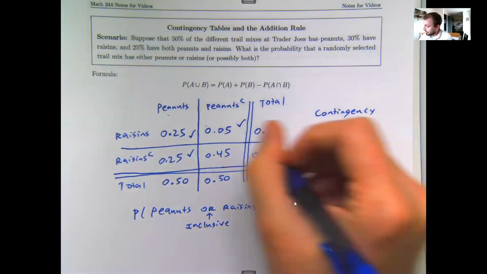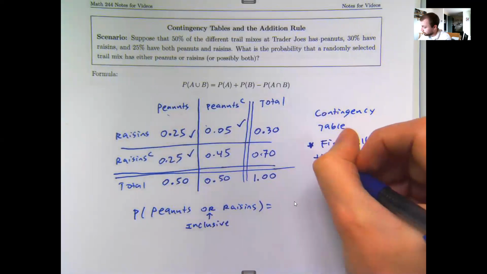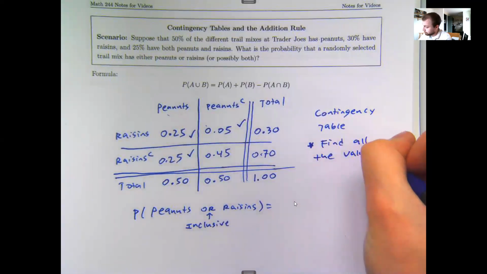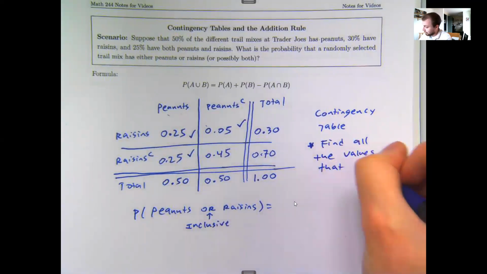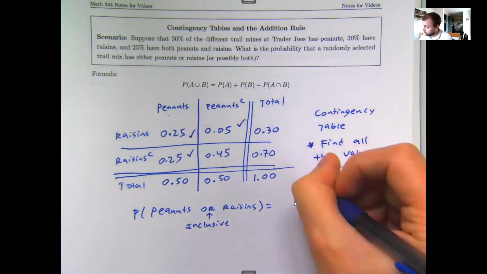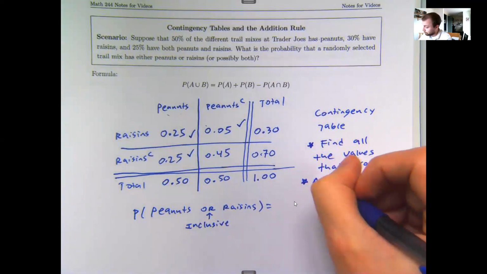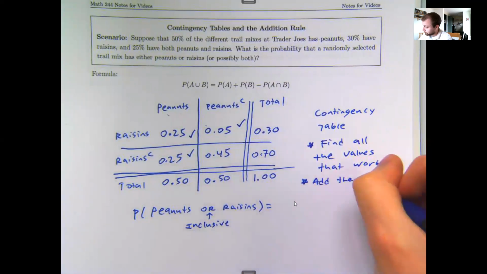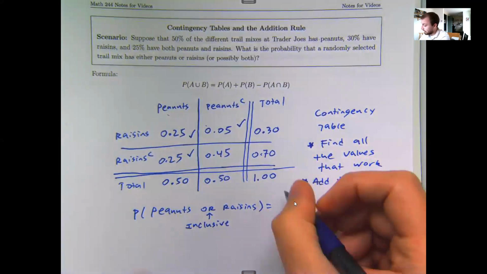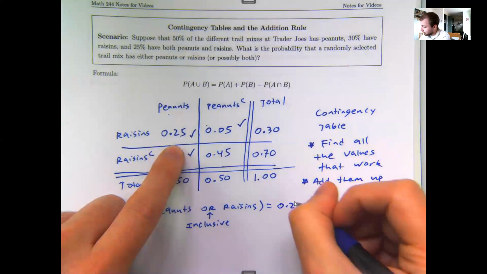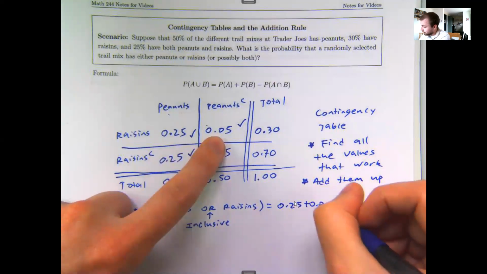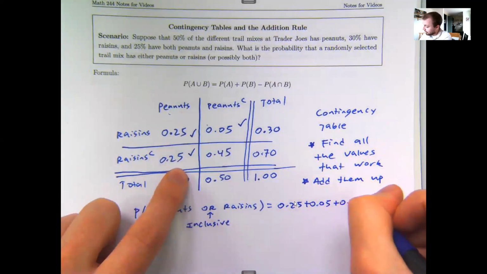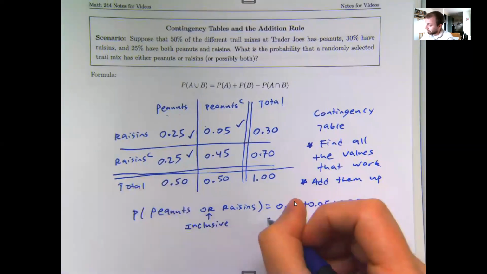So I find all the values that work on the inside. And then I'm just going to add them up to find my probability. So in this case, I have 25% and 5% and 25%. I'm adding each of those checked things.